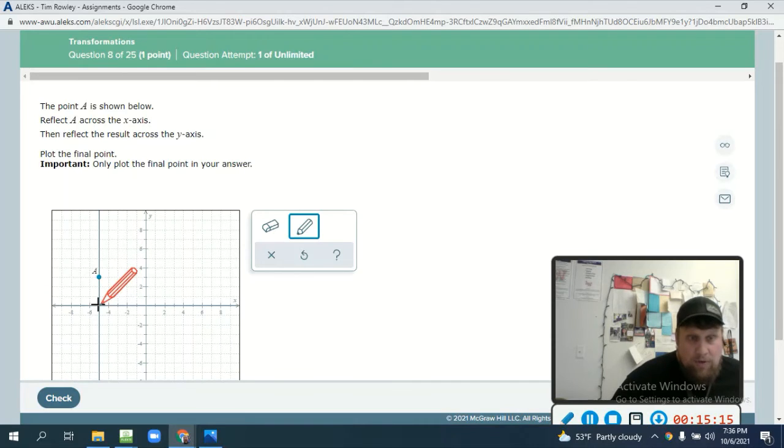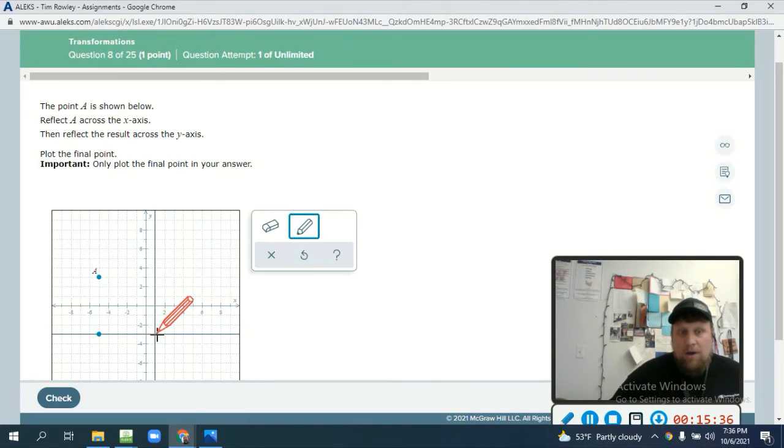It's 3 away from the x-axis. What does that mean? I'm going to go down 1, 2, 3. So there is my first move. But then it tells us something else. Then reflect the result across the y-axis. So where am I going to go? I'm going to go 1, 2, 3, 4, 5. That's 5 away from the y.